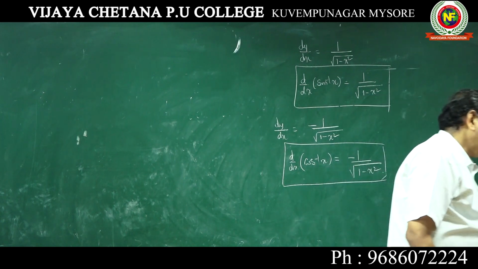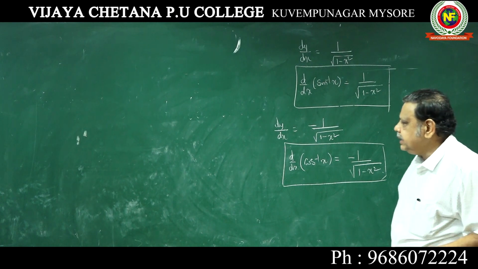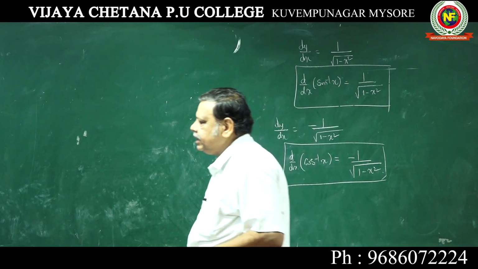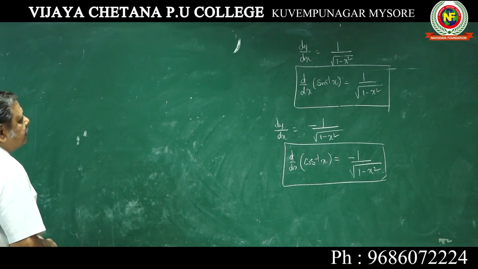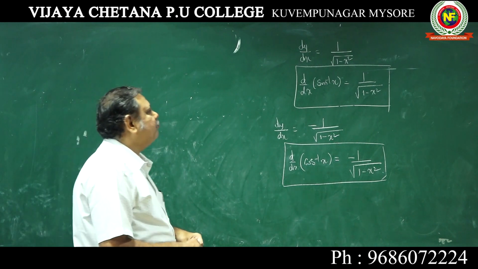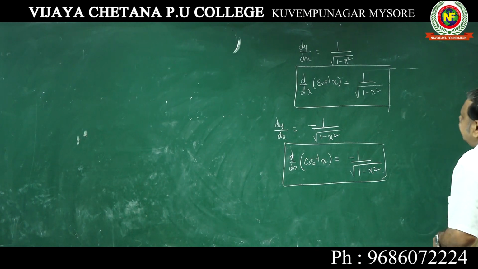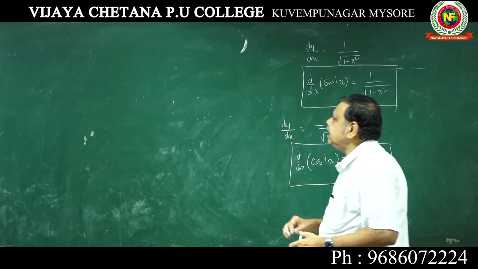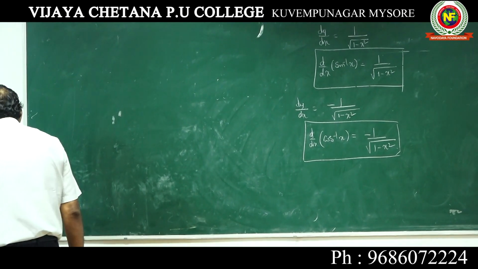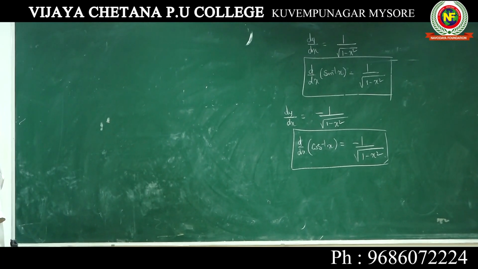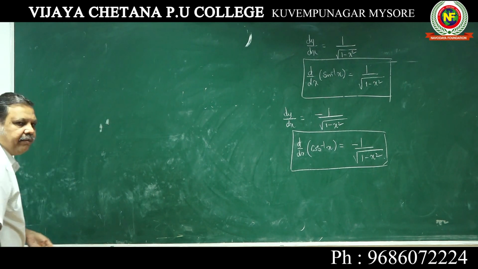If you are good at calculus, you can do your engineering mathematics very easily, because you have 4 semesters of engineering mathematics. Many students fail in engineering mathematics because they don't have the proper foundation in second PUC. I have seen students not completing BE because they cannot complete the 4 semesters of mathematics. So you should have a very strong background of second PUC.